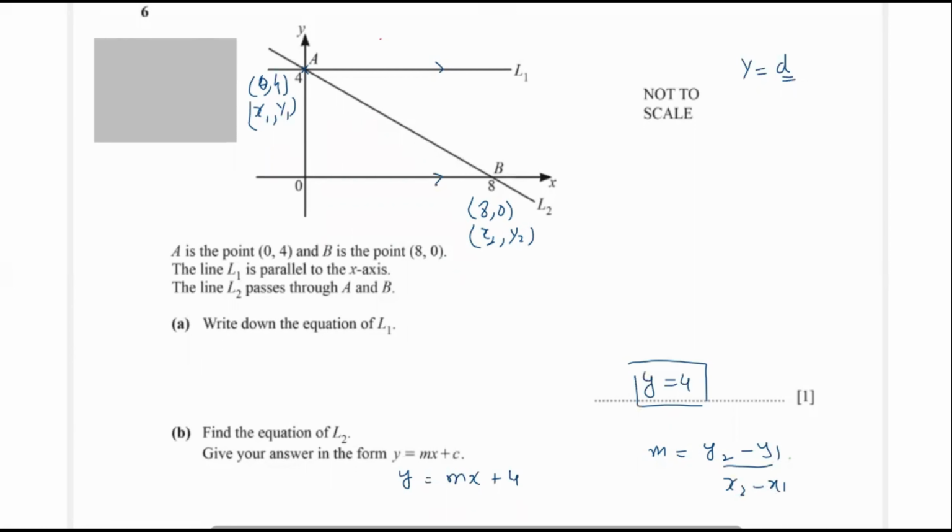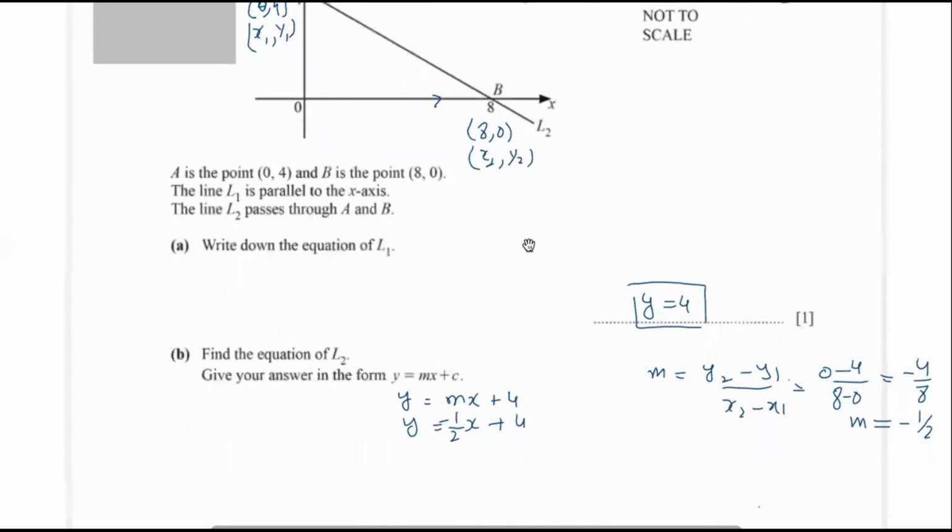Here y2 is 0 and y1 is 4, so 0 minus 4, and x2 is 8, so 8 minus 0. Therefore, we can write it as minus 4 over 8, and that is minus 1 over 2, the gradient of this line. We can put the value: y equals minus 1 over 2 x plus 4, and this is the equation of line L2.